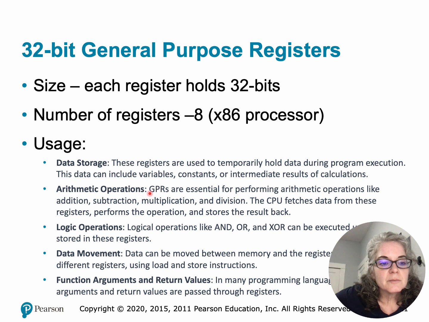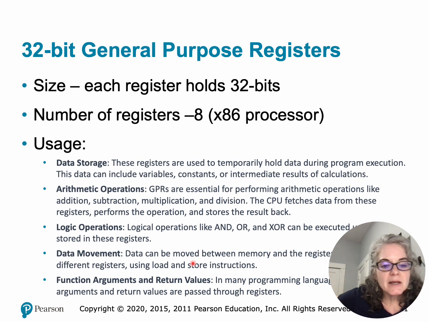So these general purpose registers are essential for performing arithmetic operations like addition, subtraction, multiplication, and division. And the CPU fetches the data from these registers, performs the operations, and then stores the results back. We can use the registers also for logical operations, data movement.